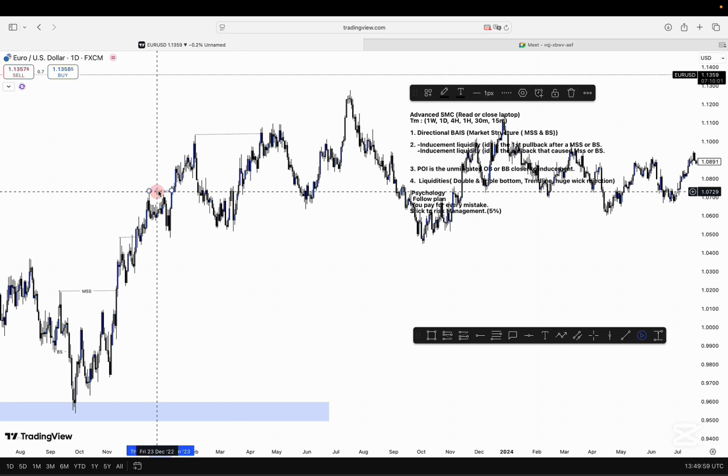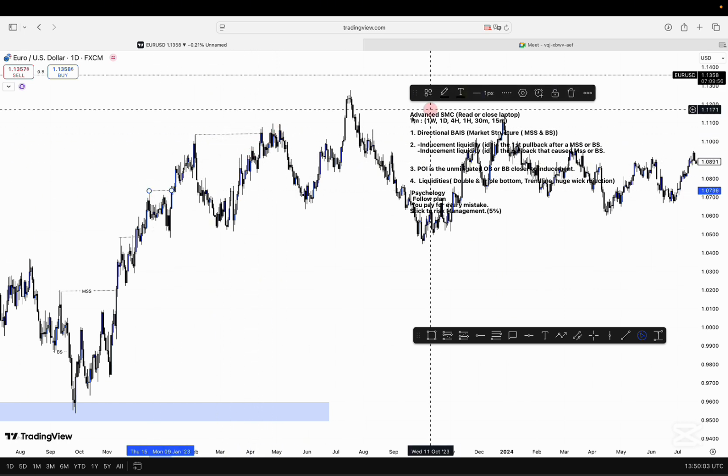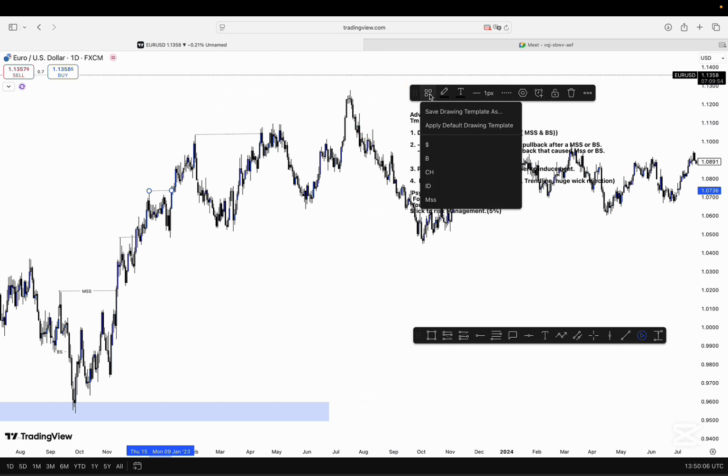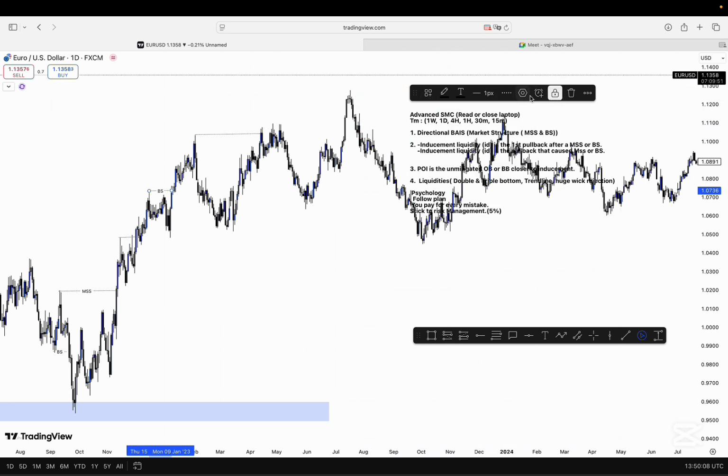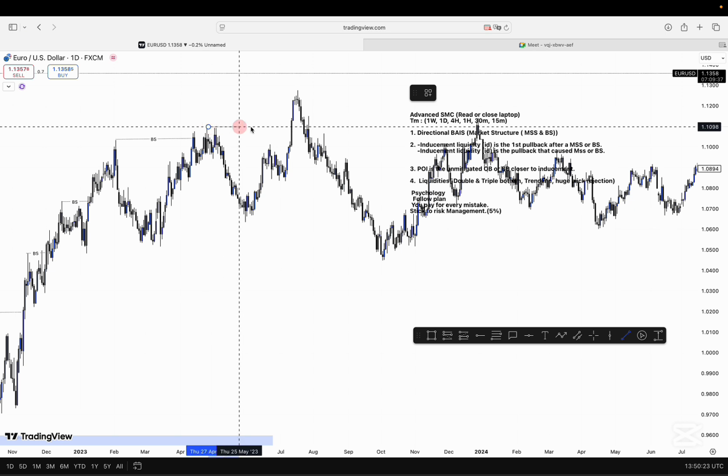So let me label them. I hope you can still see my screen. Yeah, it's okay now. Okay, a break of structure here, a break of structure, and this one is a break of structure, and also a break of structure here.